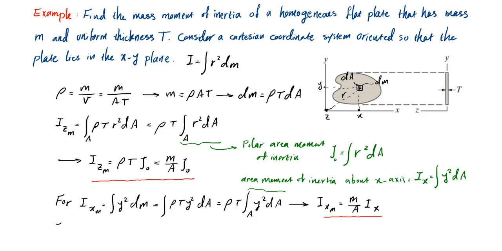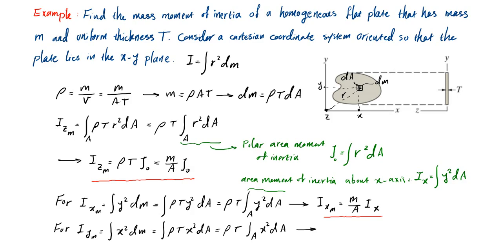Same story for y-axis. The integral, now the distance is the distance from the element to y-axis, which is x. So now we have x squared dm. That will be rho t x squared dA, and that'll give you rho t integral over A of x squared dA.